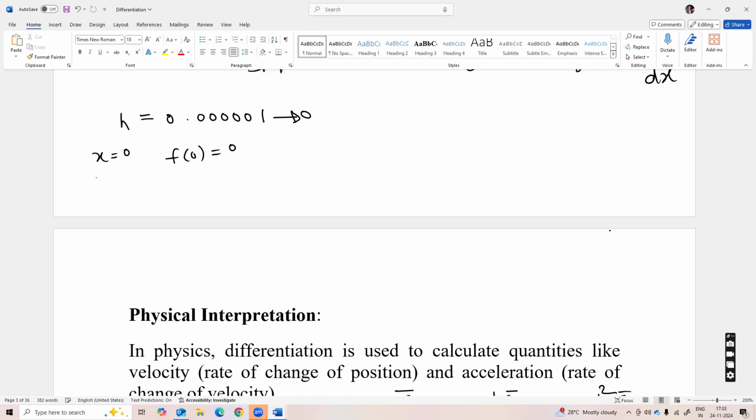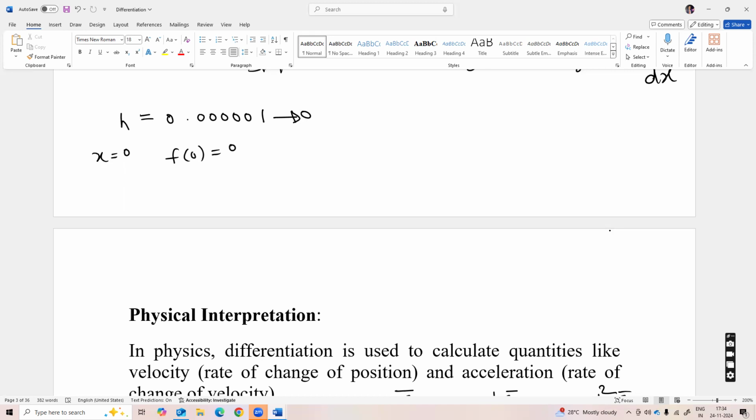Now your x is h, which is tending to 0. Here x is equal to 0, and therefore f of 0 is equal to 0.